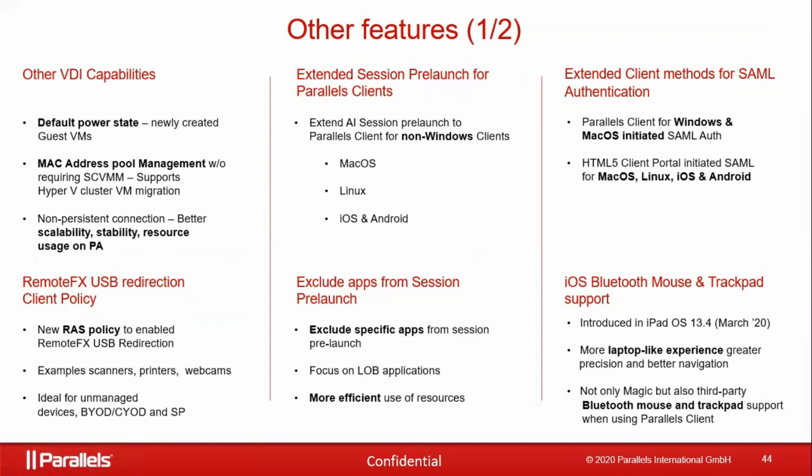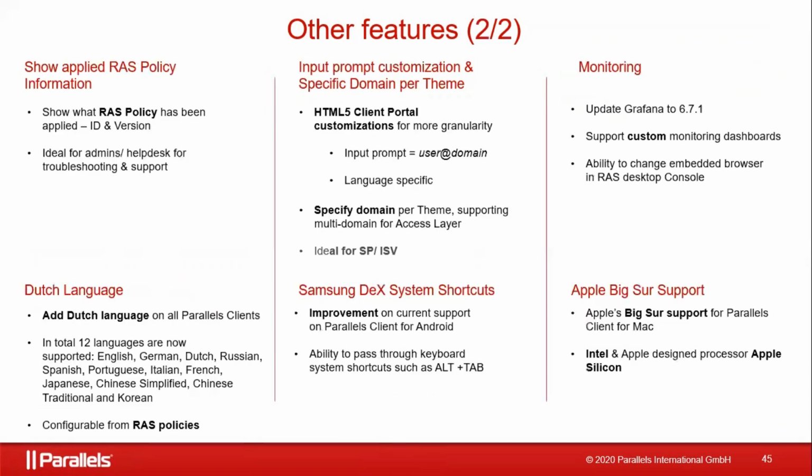All of these features are included in Parallels RAS 18 without any cost or add-on, because we are licensed based on the number of concurrent users. As you can see, we support RAS policy information, prompt customization for a specific domain by team, and monitoring tools as well.